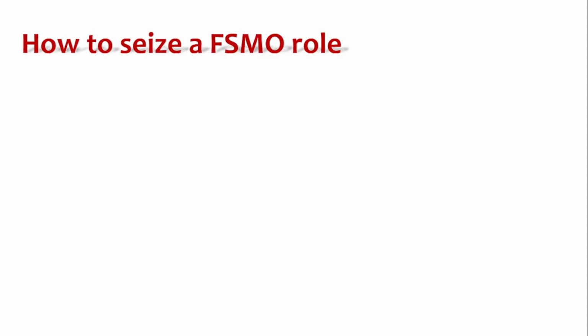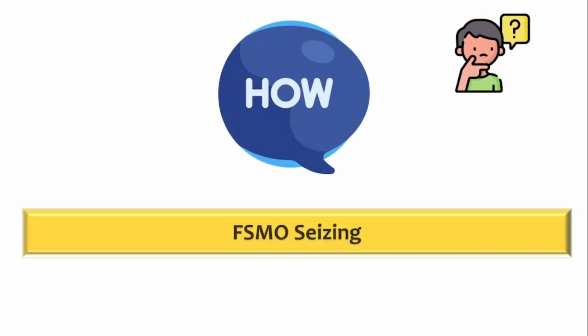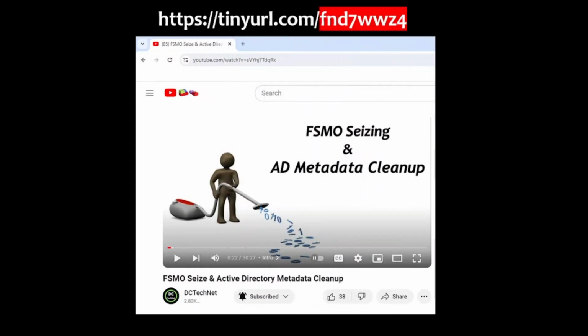Next, how to seize the FSMO role. Again, there is only one way to seize, that is using the NTDSUtil utility. If you want to know more about how to seize, we have a 30 minute video on FSMO seizing and Active Directory metadata cleanup.